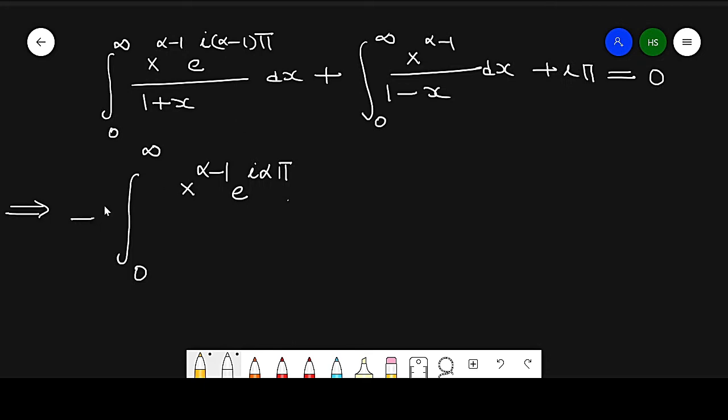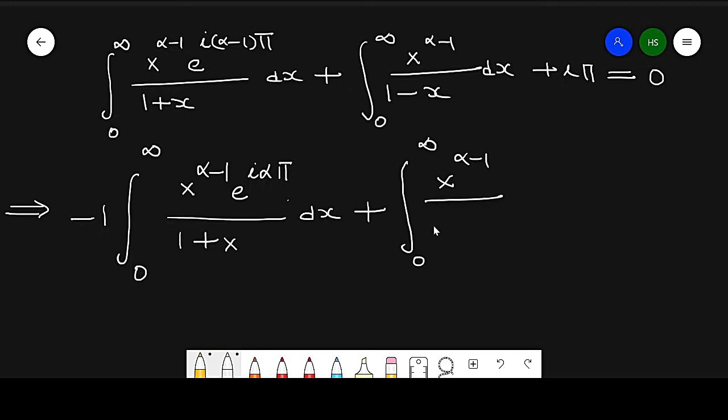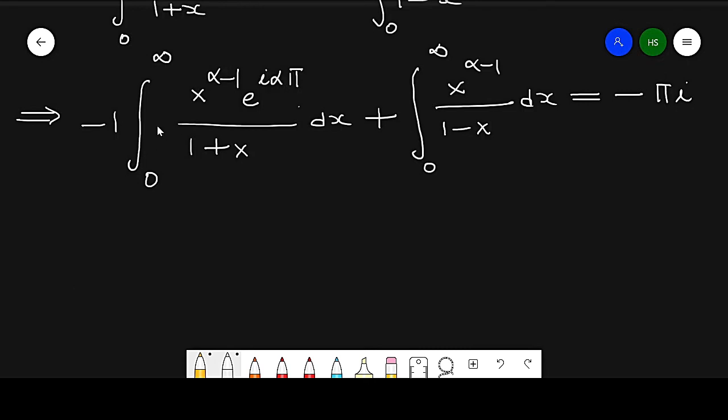So this is a minus 1 over 1 plus x into dx, plus this integration 0 to infinity x raised to power alpha minus 1 over 1 minus x into dx, which is equal to minus pi iota. So just see that. Now this term can be written as this term. This is a minus term.